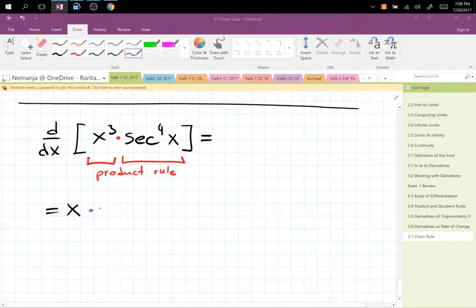So what's the derivative here? 4 secant cubed x, right? Because the outer is x to the 4th, so it should be 4x to the 3. And then times, what's the chain? What's the derivative of secant, the inner function? Exactly.